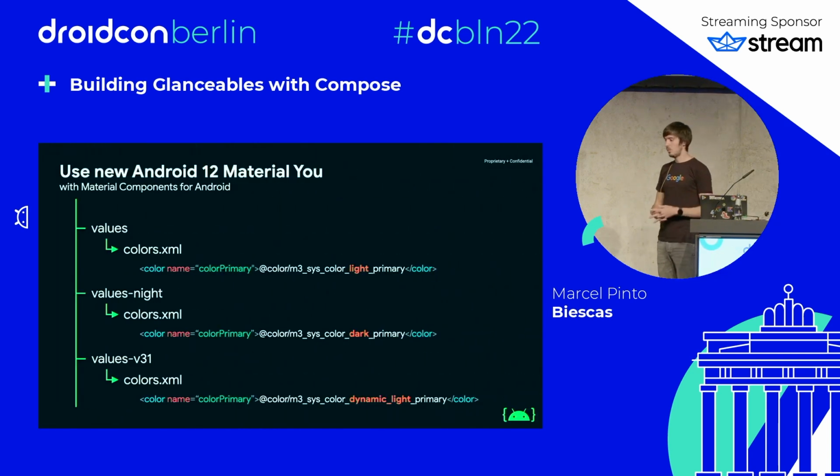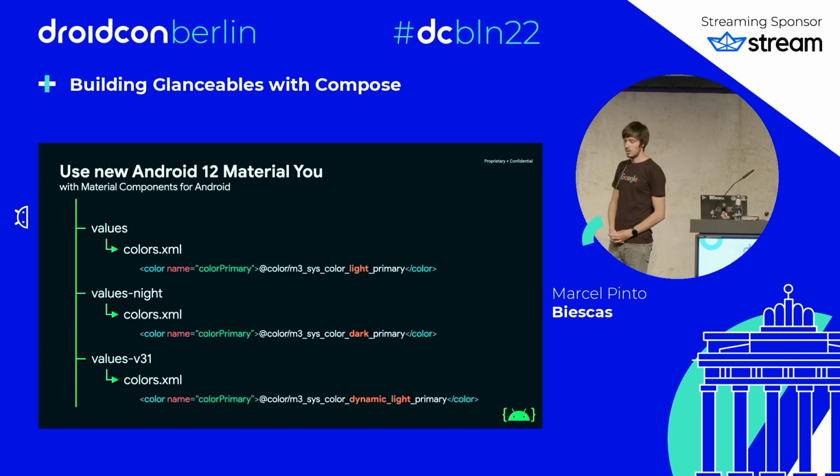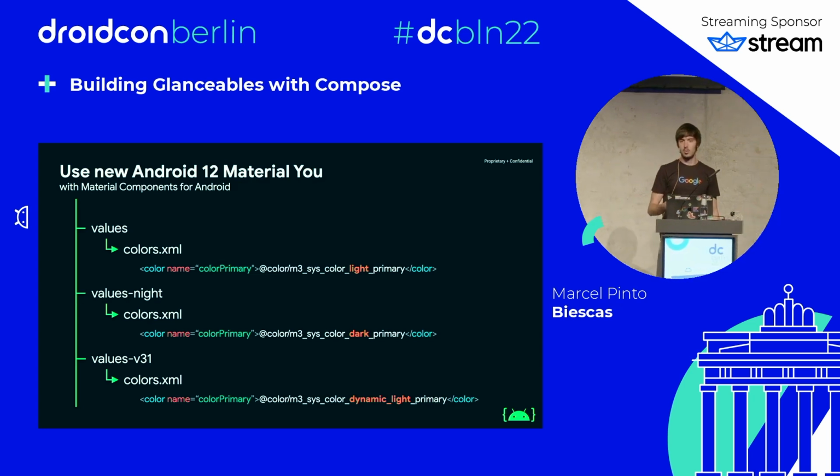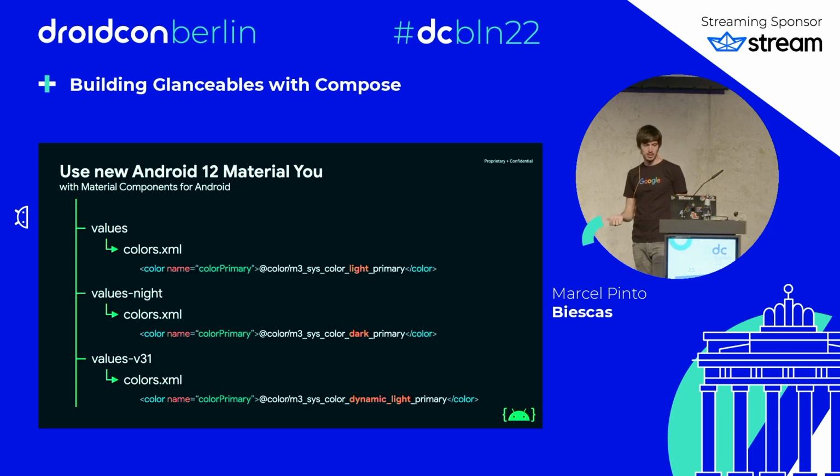Unfortunately, that means that we then still need to define our colors through XML and provide a different color ID based on the resource type. So for example, for normal values, whenever it's dark mode, so at night, or when the API is at least V31, that means that it supports dynamic colors, we'll be then providing a dynamic color resource ID.